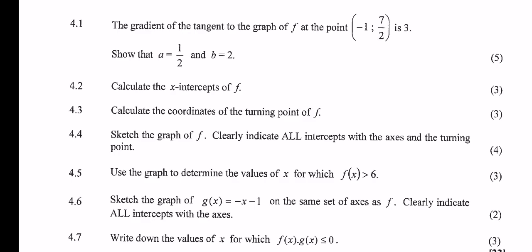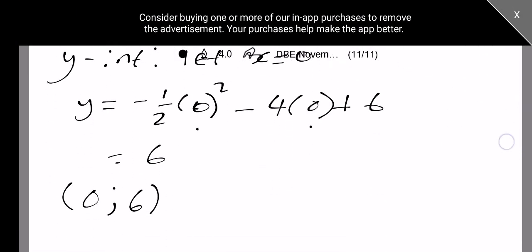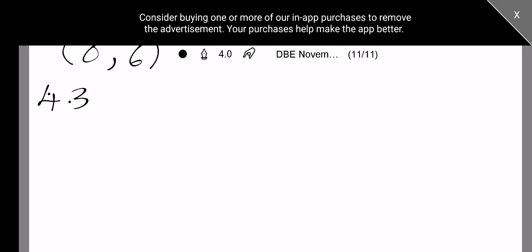Calculate the coordinates of the turning point. It was 4.3. There are many ways of determining the turning point. One of them is through converting the equation from standard form to vertex form through completing the square. I'm going to show you maybe at least 2 ways of determining the turning point.